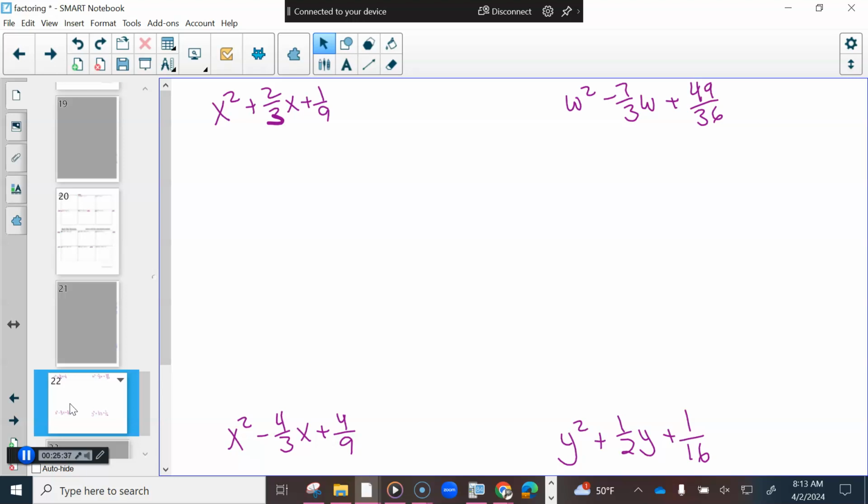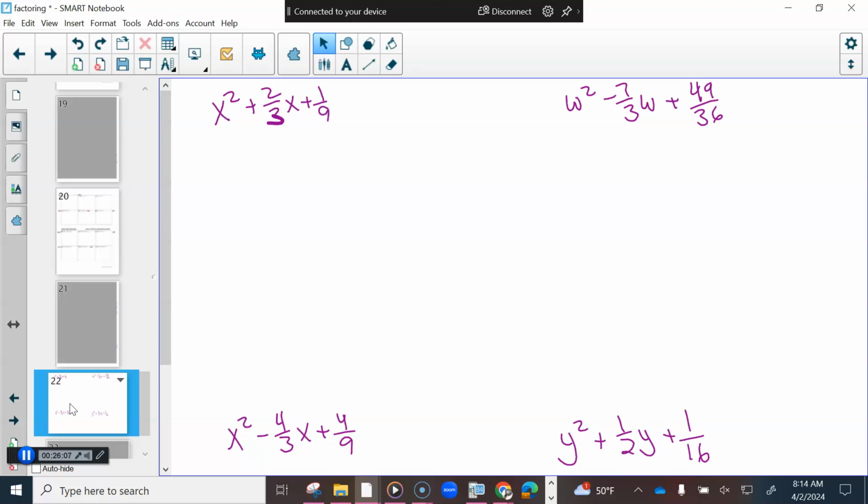I'm going really fast because we're running out of time, so I apologize. If this doesn't make sense, and we'll do some more tomorrow as a warm-up, just come to me. But we'd have 3x plus 1, and then 1, leaving 3x plus 1. So our two factors would be 3x plus 1, I'm just going to put that squared, it would be 2 of them, but squared.